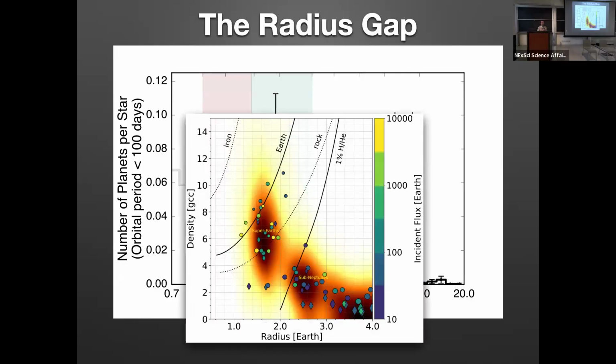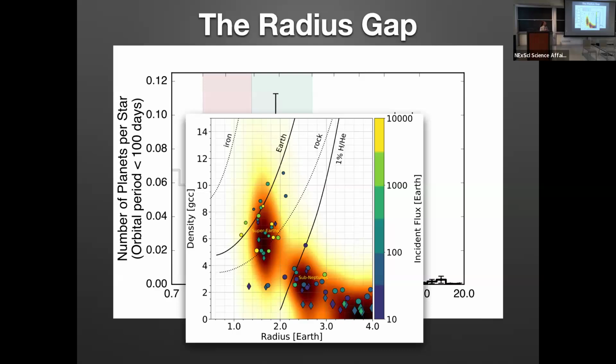And you can see this again if you actually go and look at densities. So here I'm plotting density on the y-axis and radius on the x-axis, along with some iso-composition lines. You can see a planet that's pure iron composition would lie someplace along that line in the upper left.